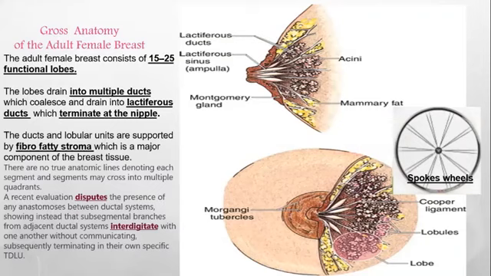Yes, there is fibrous septation, Cooper ligament passing between the lobes and even between the lobules, but it is not a true anatomical boundary between these segments. And the segmental ductal structures pass from one segment to the other.